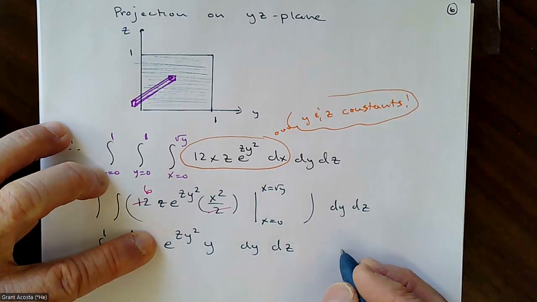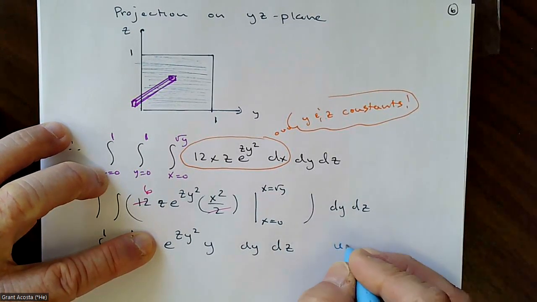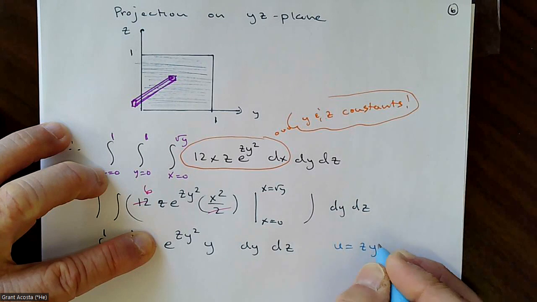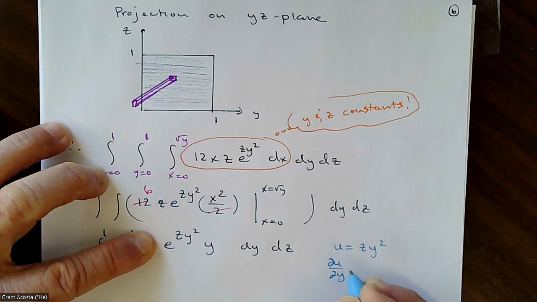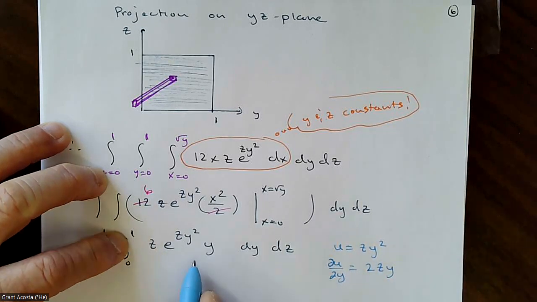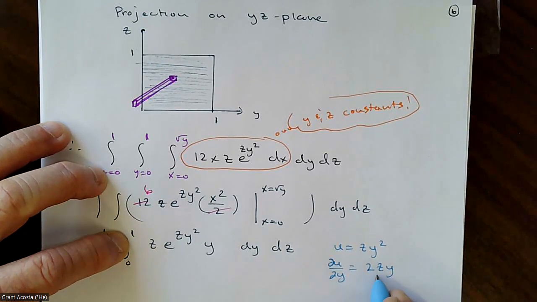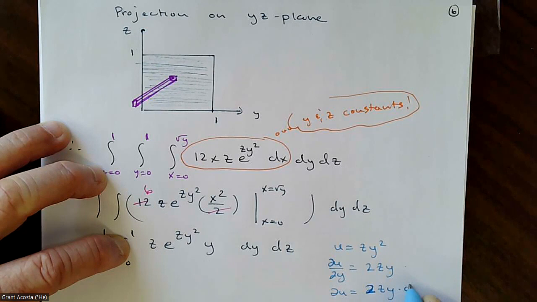I'm going to do a u substitution. If I let u equal zy squared, now I'm integrating with respect to y, so it's more like a partial of u. The partial of u with respect to y would be 2zy. So you know how u substitution works, so it's kind of like the partial of u is 2zy times the partial with respect to y.